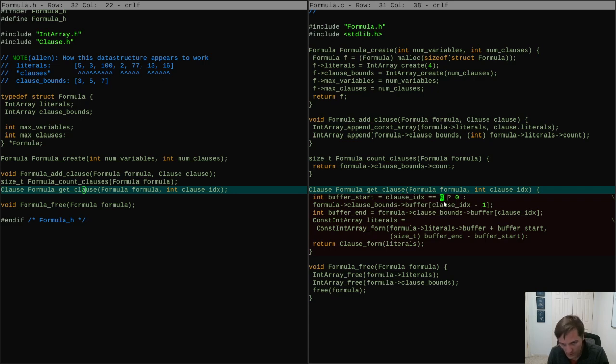So yep, they have a special case for 0 where the lower bound becomes 0, and otherwise the lower bound is that index minus 1. And then the end is the index given there. So we have a start and an end, and this is half inclusive, half exclusive. And then we form one of these constant arrays by pointing it into that section of the array and return it.